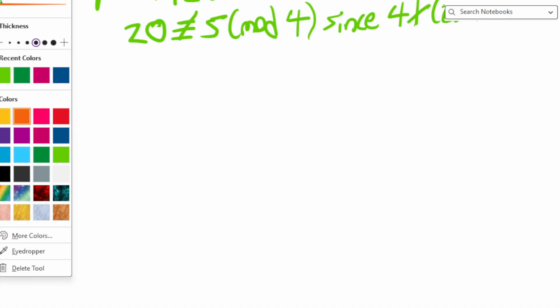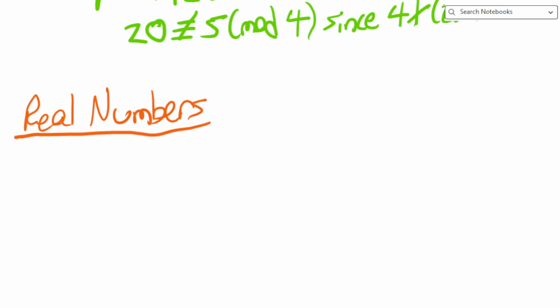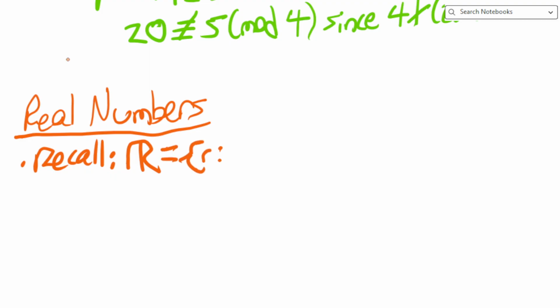Now we'll change colors because we have another setting to look at, and that is real numbers. So, if you recall, this was early on in section 1 where we covered sets, that real numbers are represented by R, or some symbol, where it represents either a rational number or an irrational number.